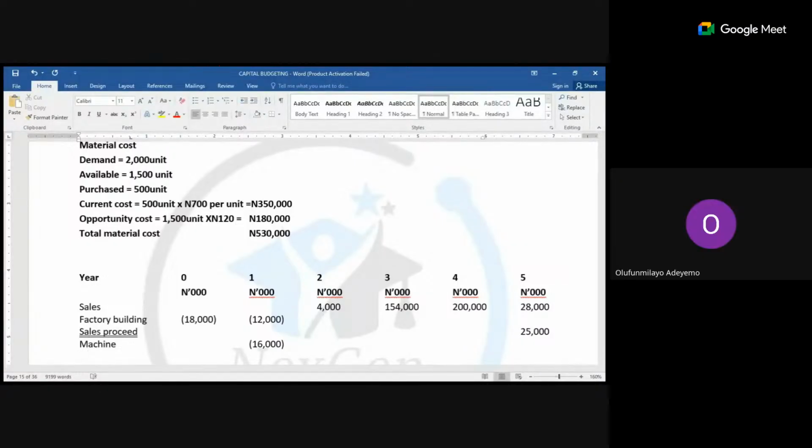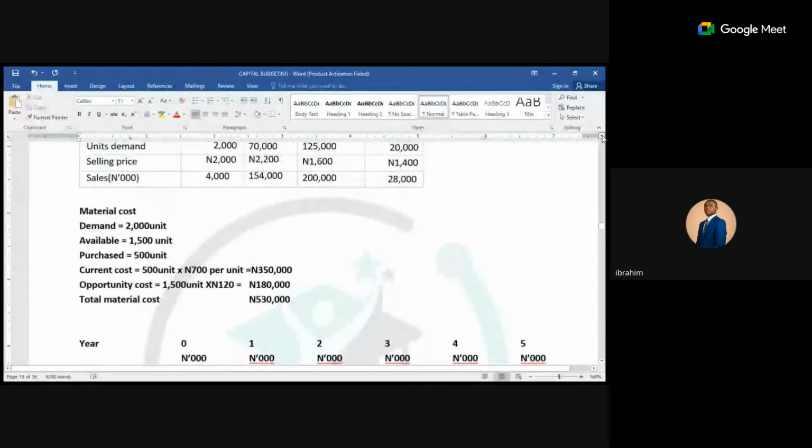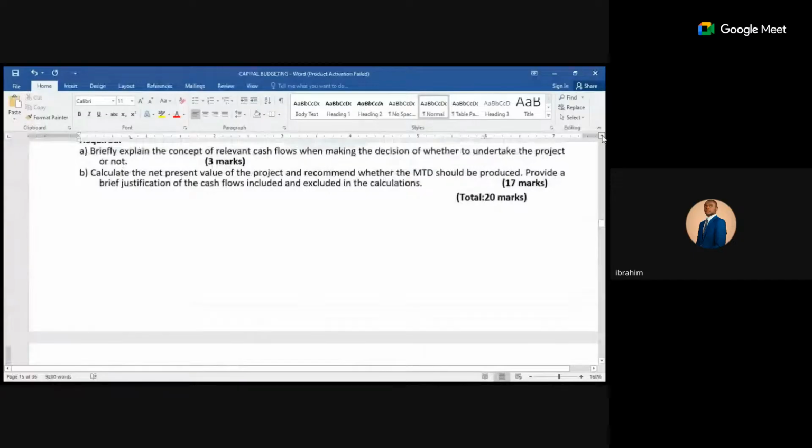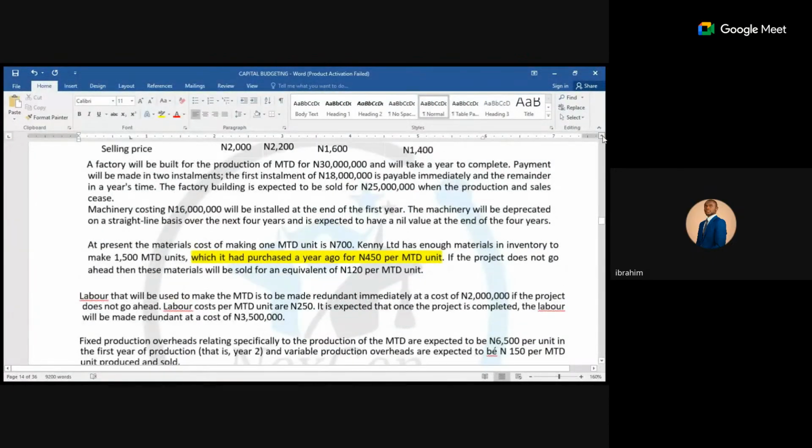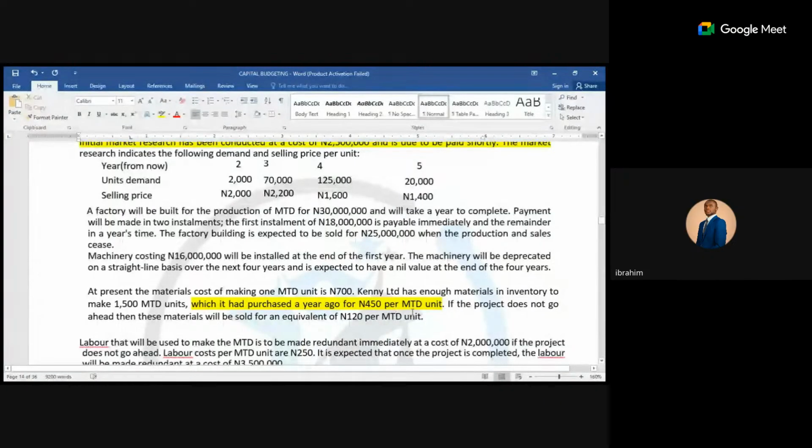Sir, please, why are we adding the opportunity cost? It still costs. Why we have to add it is because they want to go ahead with the project, right? This is opportunity cost. They said if the project does not go ahead, then they will sell it out. They've forgone this 120.